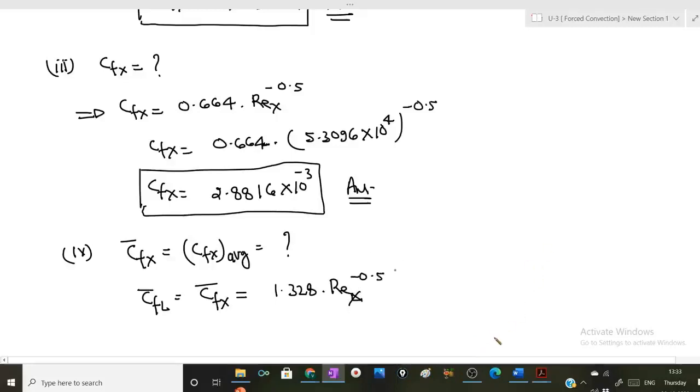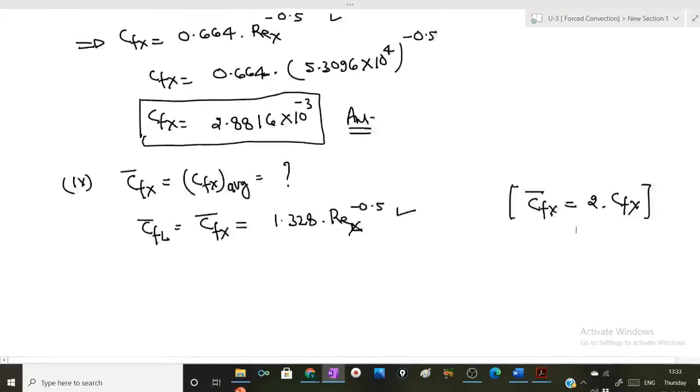Now from this formula and this formula, you can easily say the average value of coefficient of friction is twice the local coefficient of friction. So many times if it is not given, you can use this relationship.